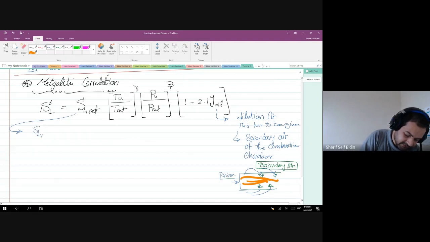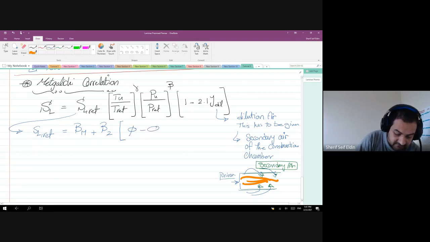So SL reference is Bm plus B2 multiplied by phi, the equivalence ratio, minus phi m, right? And all of these constants should be obtained from the table in the lecture.